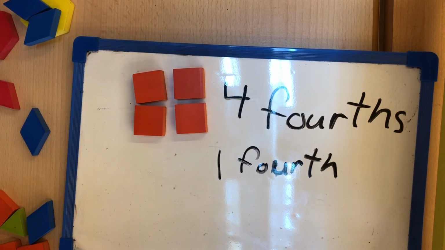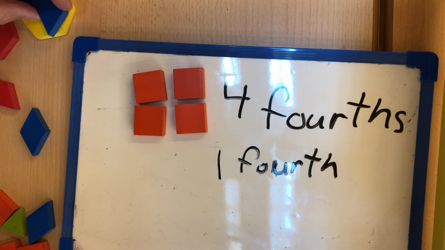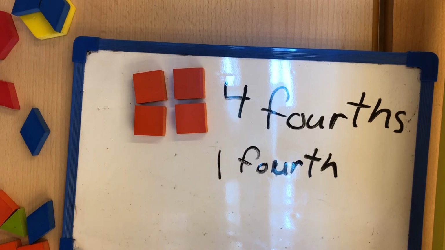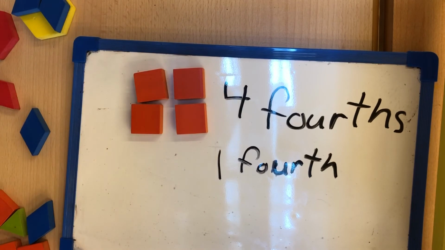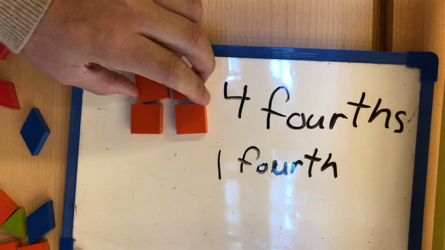If we're talking about American or Canadian money in dollars, a 25-cent coin is a quarter because it is 1/4 of 100. Okay, so that was the main lesson today, learning about equal shares and how we name them as halves, as thirds, as fourths, and so on.